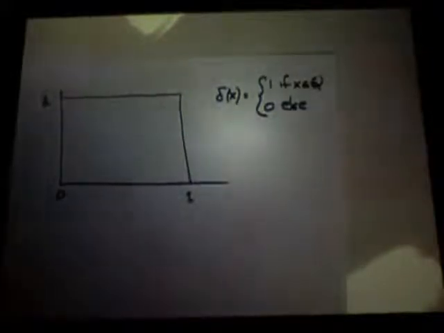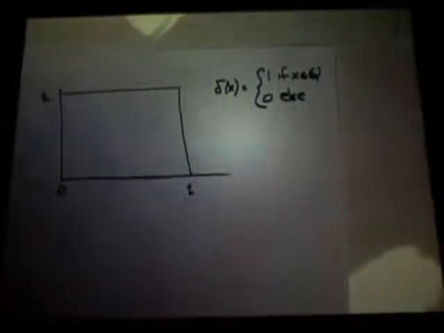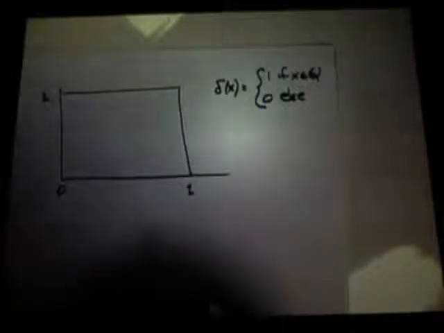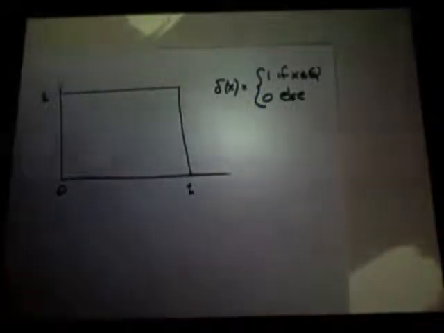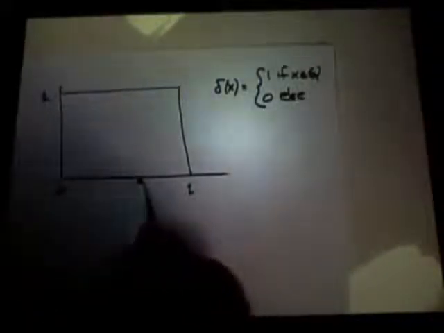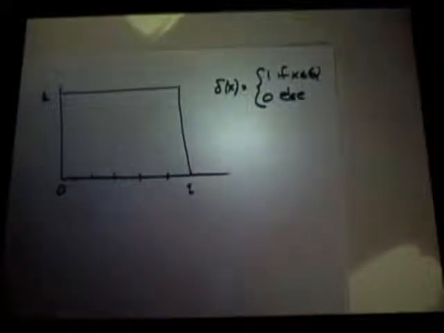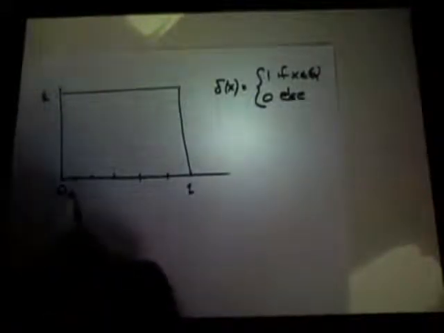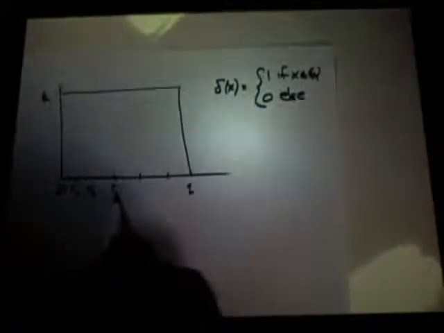So here's what we do. We enumerate the rational numbers. And it doesn't matter in what order we enumerate, but they are enumerable, right? We have r1, r2, rk.